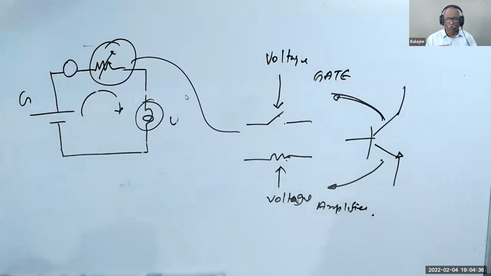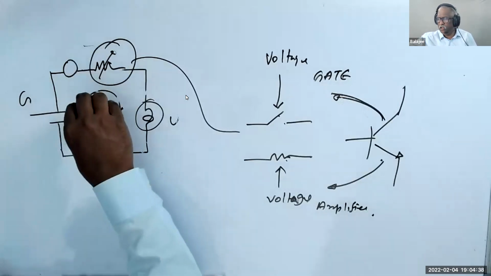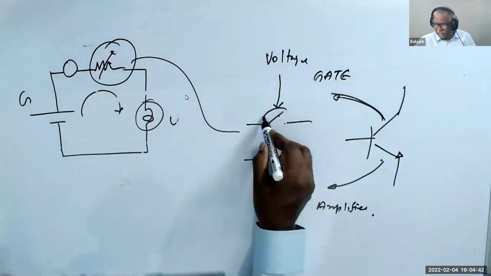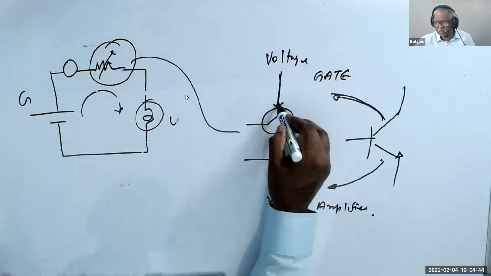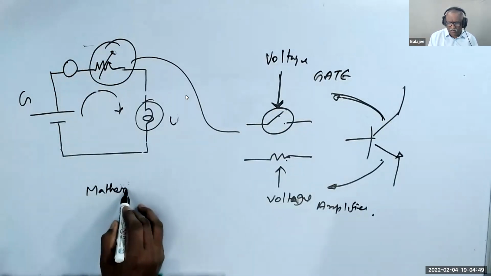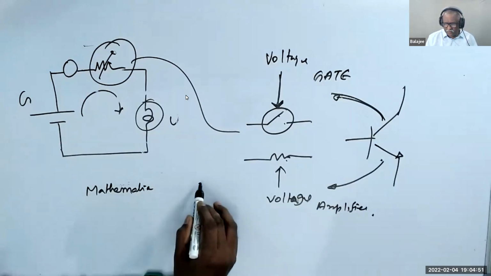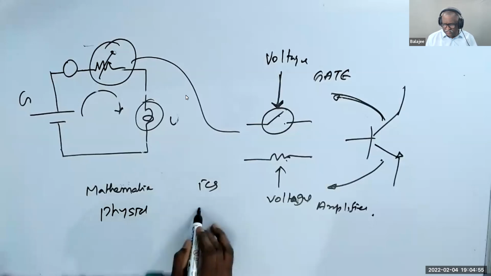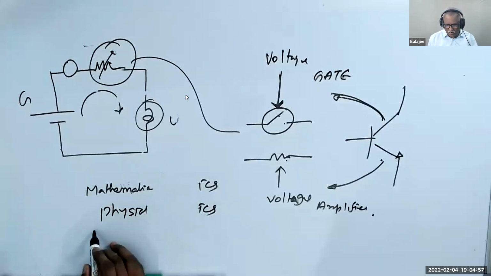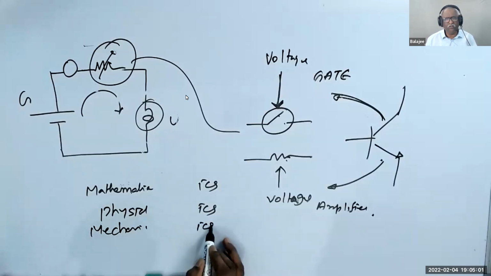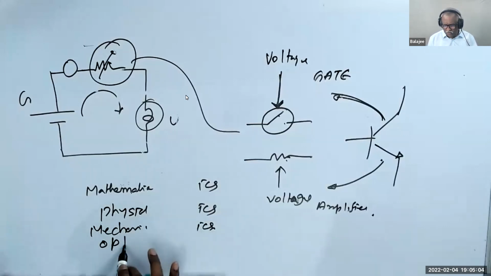Understood? So now from electrical we have gone to electronics. Electronics is where you control electricity by electricity. Normally we know mathematics, physics, mechanics, optics.